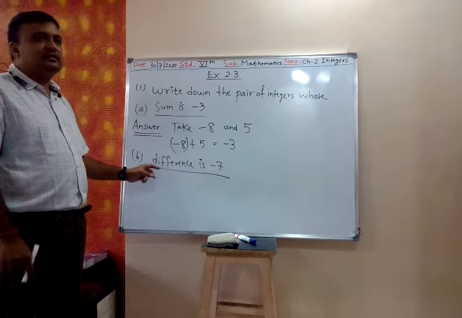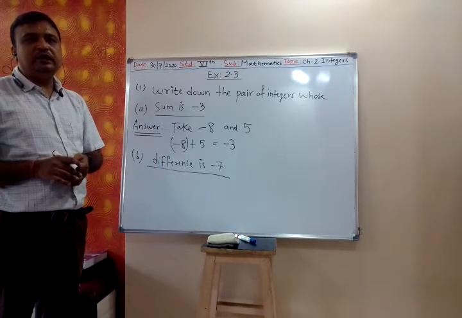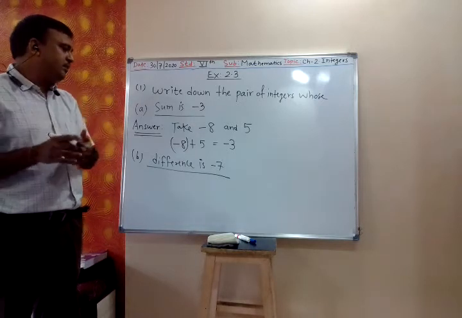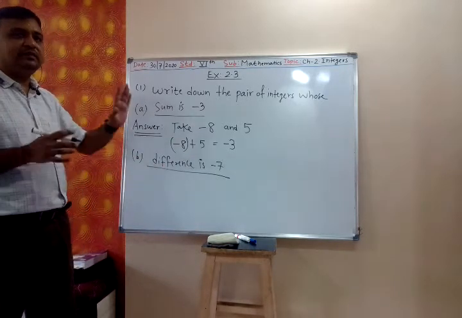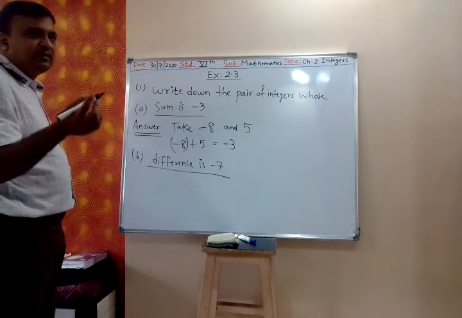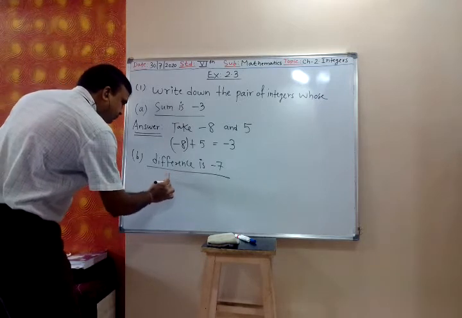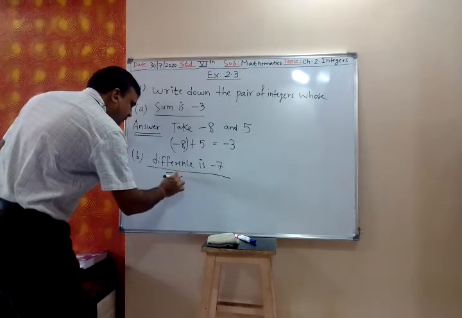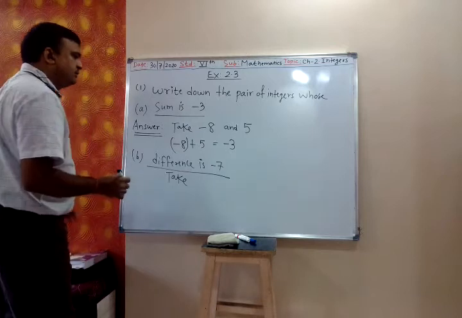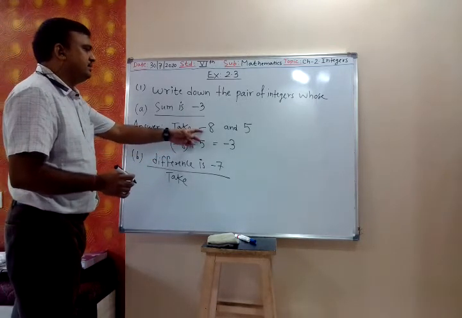Now next is difference. Difference means subtraction. So find two integers whose subtraction gives you -7. So I can take -8 and 5?